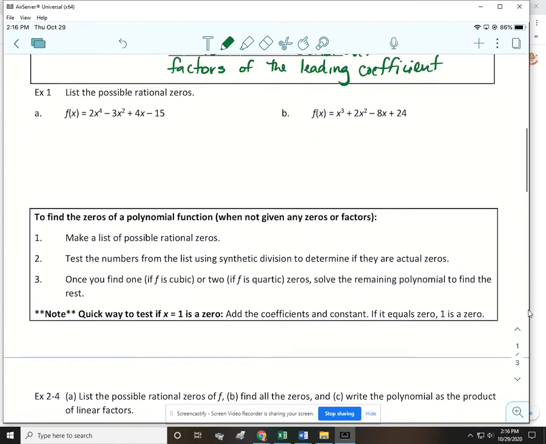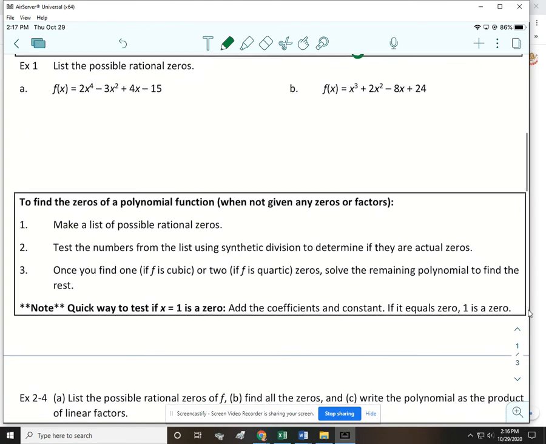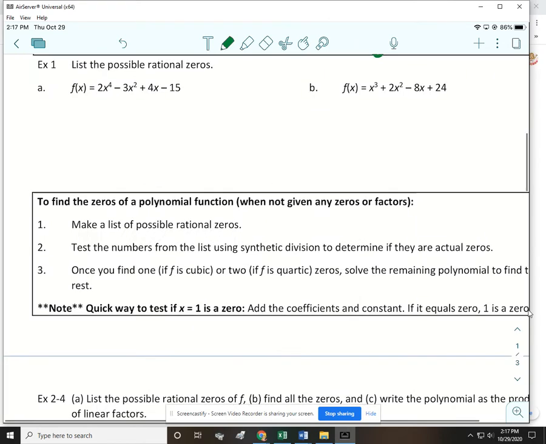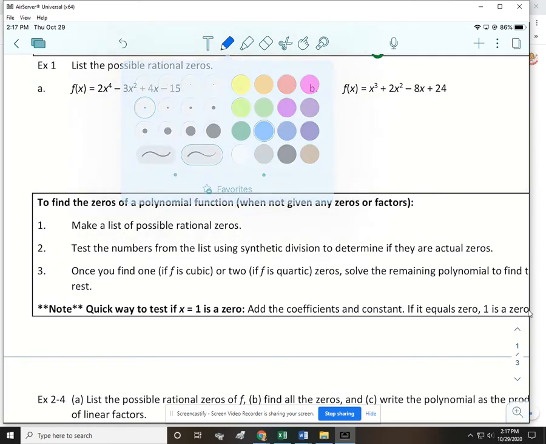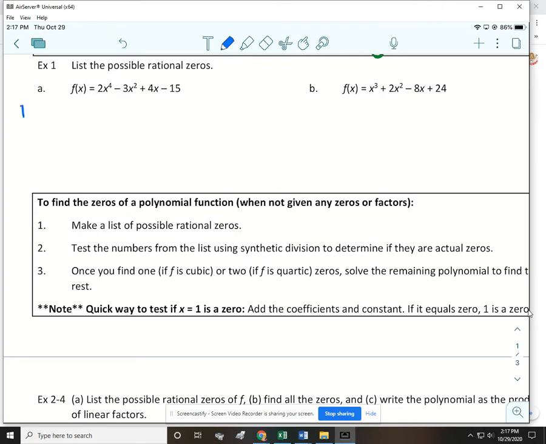All right, so let's look at example 1a. We want to just list the possible rational zeros. We start off by listing the numbers that represent p, which are factors of the constant, which is negative 15.